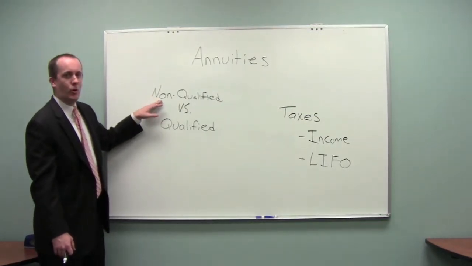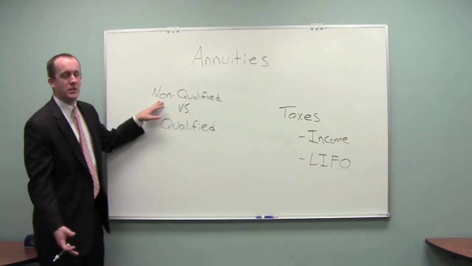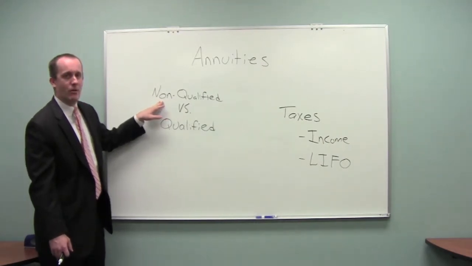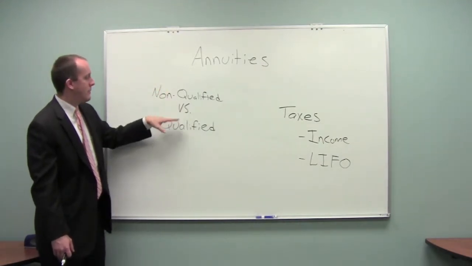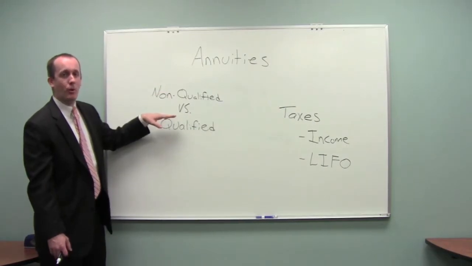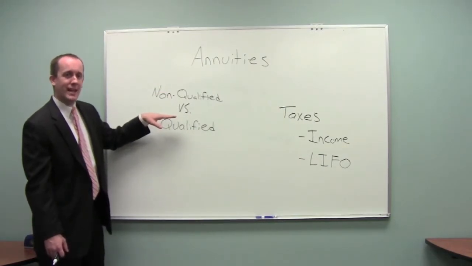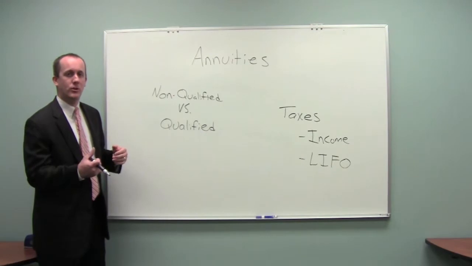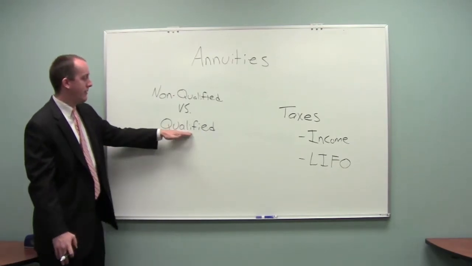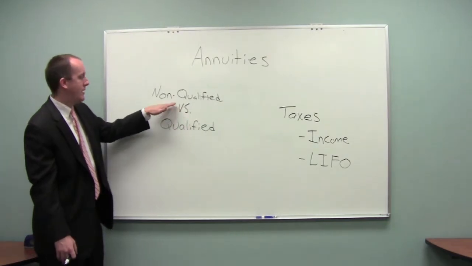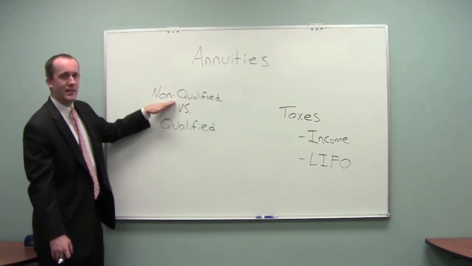A non-qualified annuity contract just simply means it's not an IRA. These types of distinctions will become very important to you when you're figuring out game plans in terms of what to do with someone's annuity. But for now, just know qualified means it's a type of IRA, non-qualified means it's not an IRA.